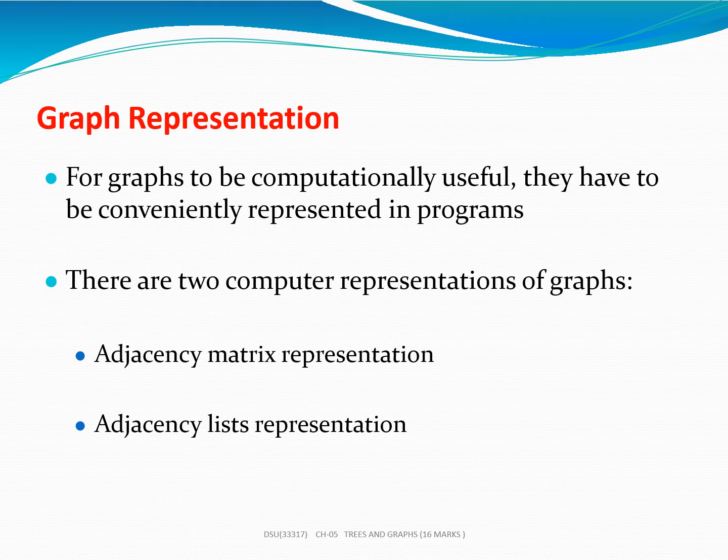For graphs to be computationally useful, they have to be conveniently represented in programs. There are two computer representations of graphs: first is the adjacency matrix representation and second is the adjacency list representation.